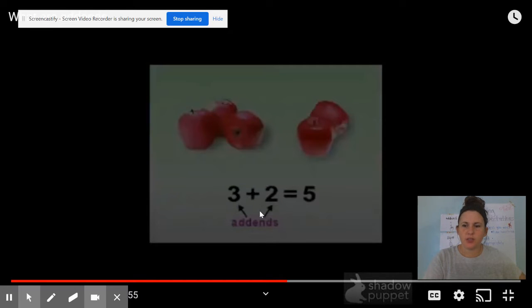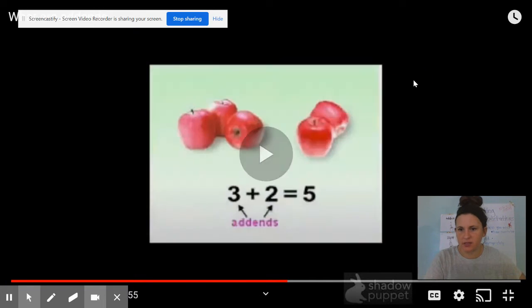So it's kind of just the two numbers that are added together are the addends. And if you notice, the word addend has add at the beginning of it. So it's just the two numbers that are added together are the addends.